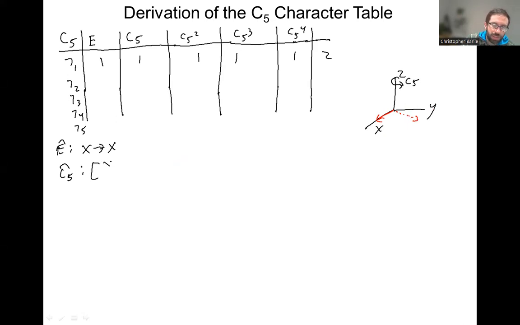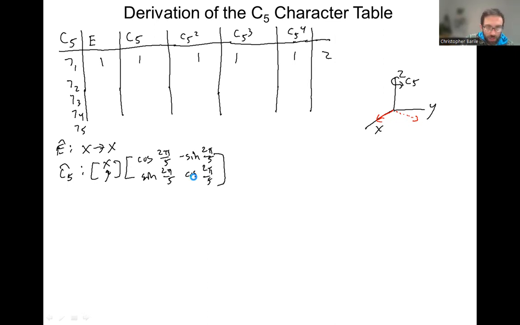And we're going to have to use the 2 by 2 rotation matrix. So that's going to be cosine theta, which in this case is 2 pi over 5 if we're talking in radians, and then minus sine 2 pi over 5, and then sine 2 pi over 5, and cosine 2 pi over 5.